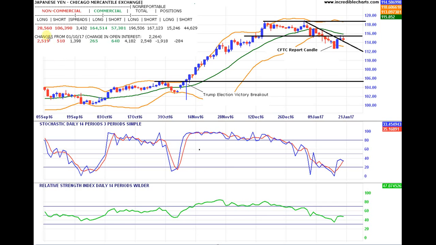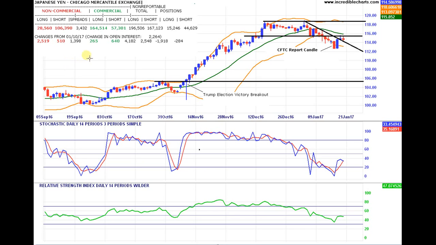So what do we got this week? We've got non-commercials, bullish bets on the yen, 28,560. Short bets on the Japanese yen, or bearish bets, 106,390. So basically they're nearly 4 to 1 in favour of bearish bets on the yen, so they're basically bullish the USD.